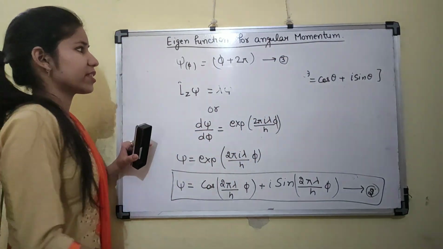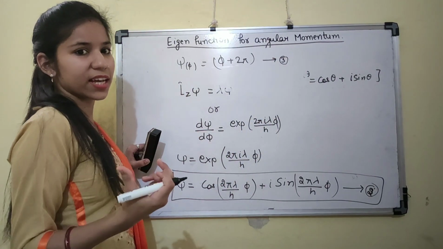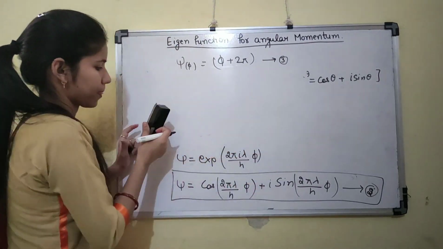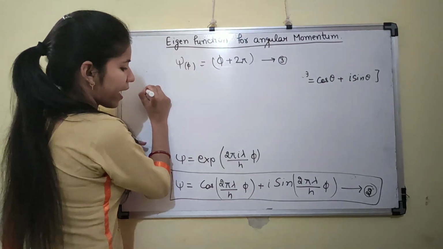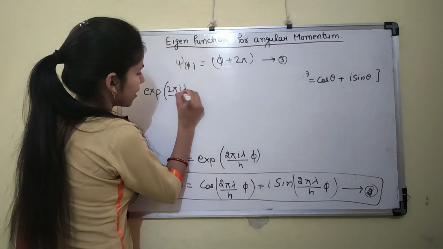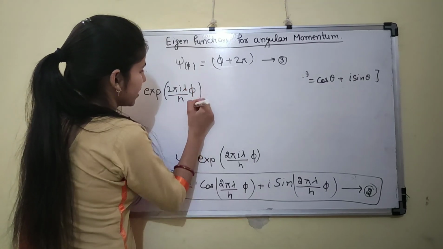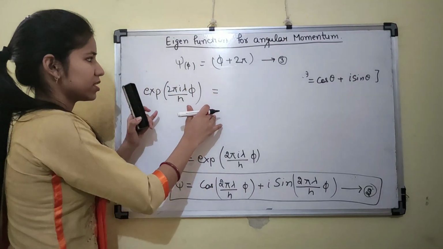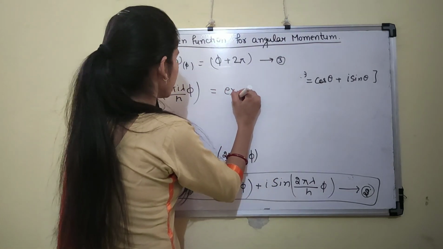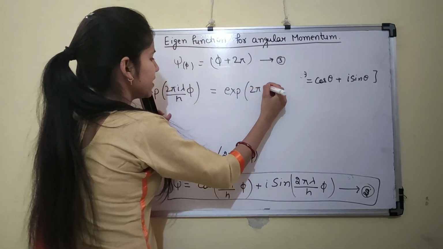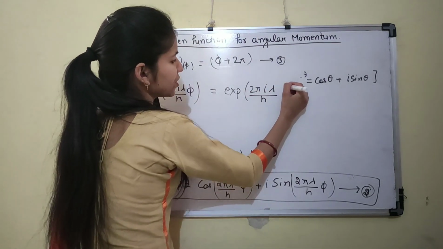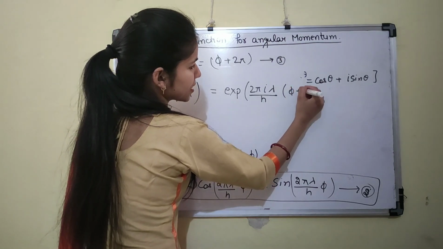And in this the value of psi is single valued, so the equation can be exponential 2 pi iota lambda by h phi, and there phi is phi plus 2 pi, so exponential 2 pi iota lambda divided by h, and there is phi plus 2 pi.